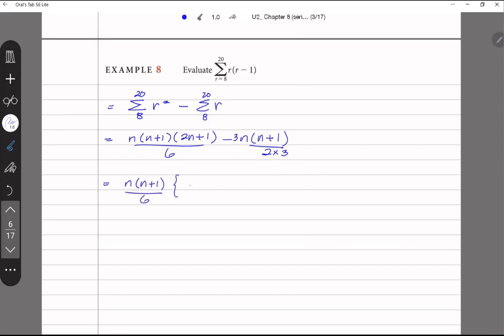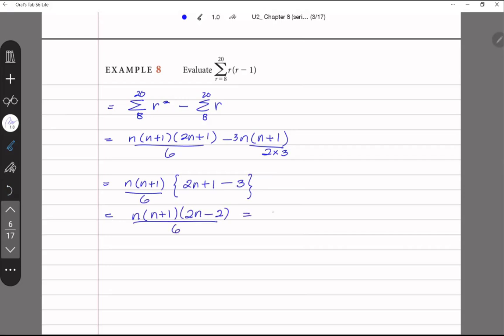And inside the bracket, I have 2n plus 1 minus 3n. So it's what? No, it's not 3n, it's just 3. Thank you. It's just 3. So the formula would then be n times n plus 1 times 2n minus 2 all over 6.